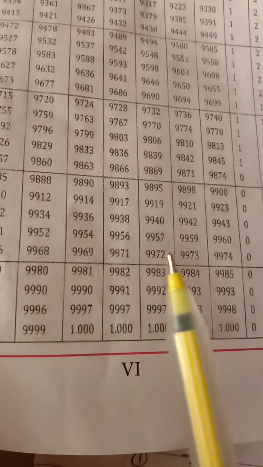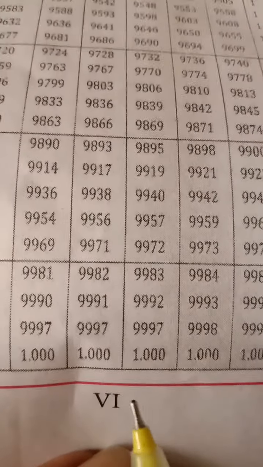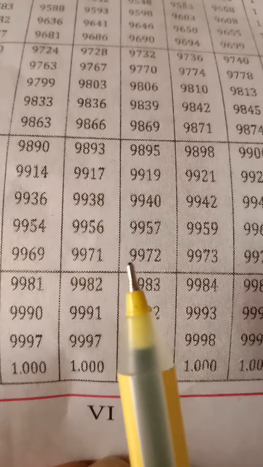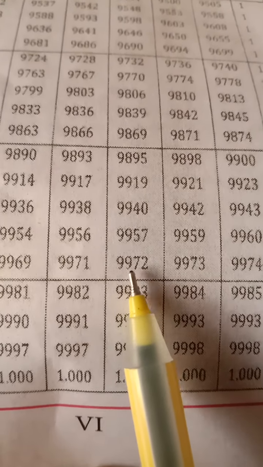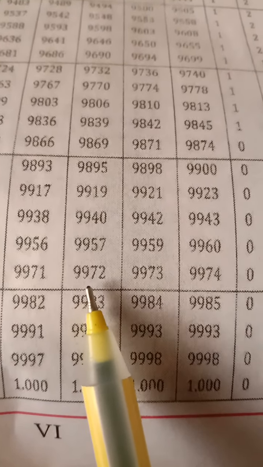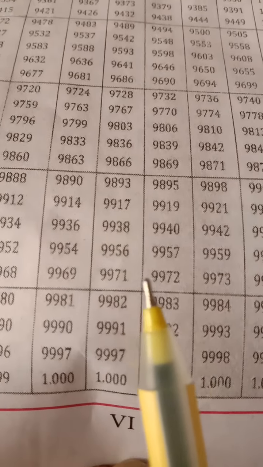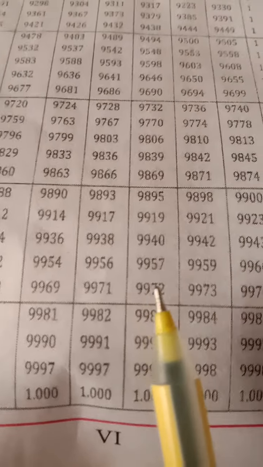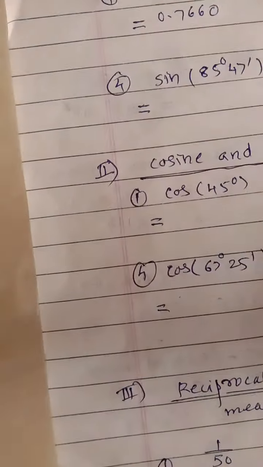Here we get the value for 42 minutes, that is 0.9972, but it is for 42 and we have 47, therefore we will have to consider the mean difference of 5, which is equal to 1, and therefore it will be 0.9973, it will be written here.